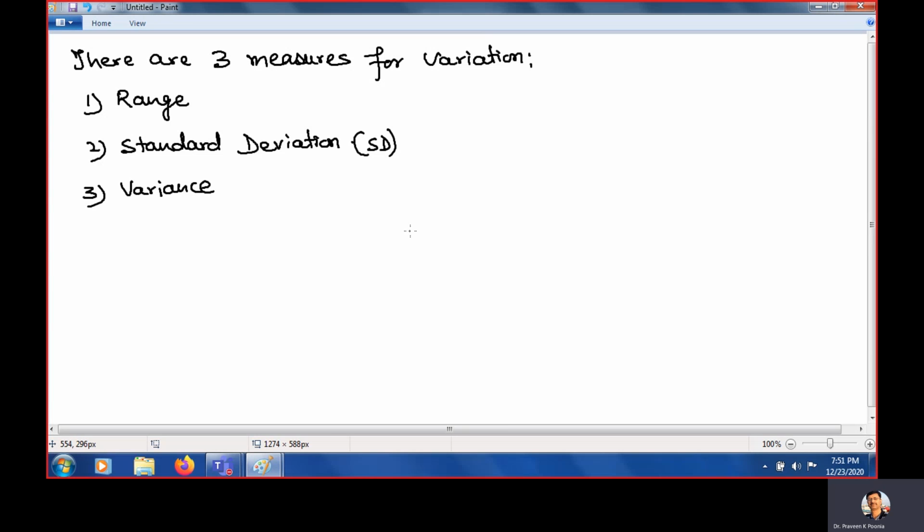Now the first one we will discuss here, because it is very small. The first one is range. What is the range?